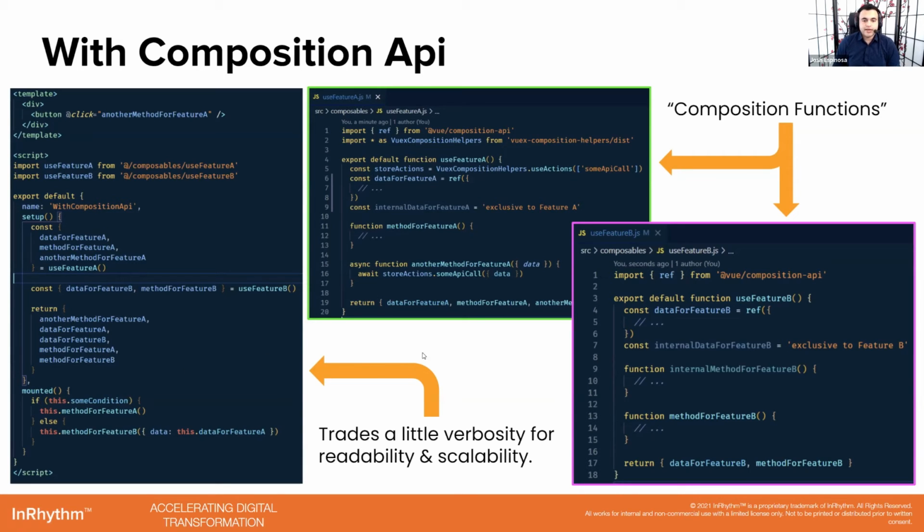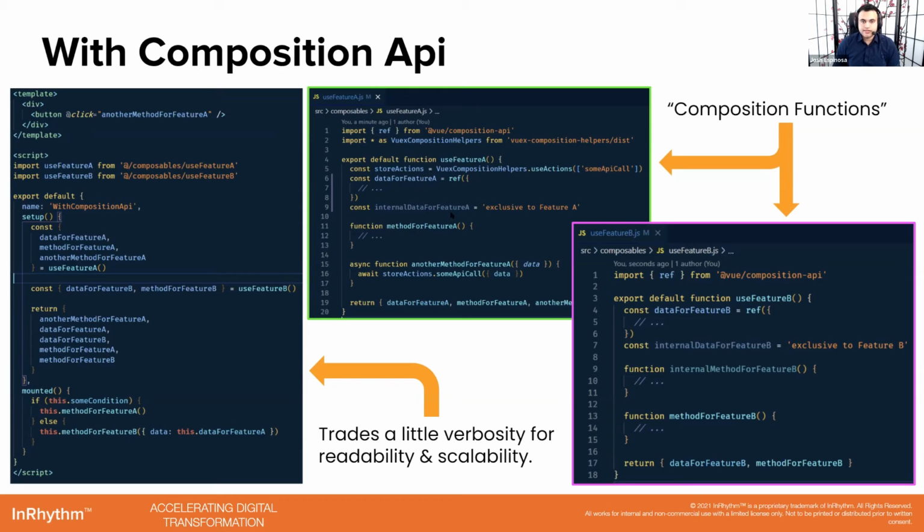So let me talk about the anatomy of these composition functions very briefly. As mentioned before, it's one big function. Your variables will be either reactive through ref or reactive, or not. And this is another great benefit. If you've ever used Vue 2 enough, you'll know that there's no official way of opting out of the reactivity engine.